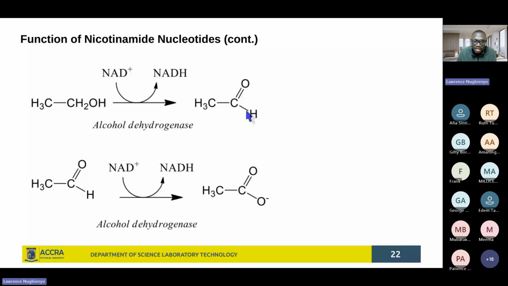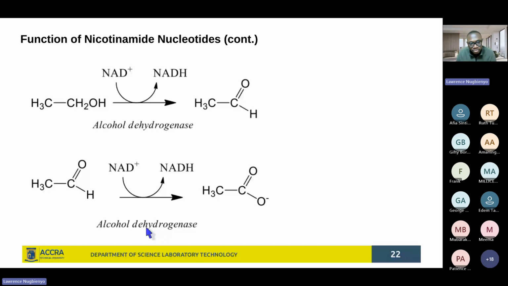You have an aldehyde coming from ethanol. And then the reaction continues. That acetaldehyde further undergoes oxidation to give you acetic acid. There too is alcohol dehydrogenase that is still acting.